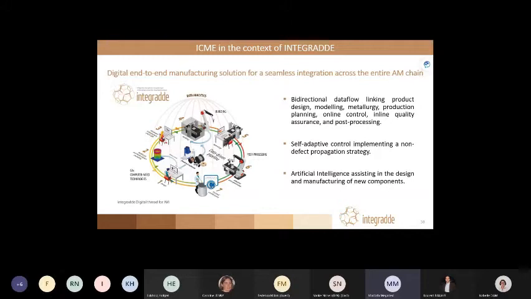So data flow from one entity or one contributor to the other has to be ensured so that we can create a system which corrects itself once it identifies something is going wrong, and it should improve itself as we move forward in the future. So the first product may be a little bit critical, the second product will be much better, and so on. This will be done with the corresponding data gathering algorithms and artificial intelligence. The next slide, please.